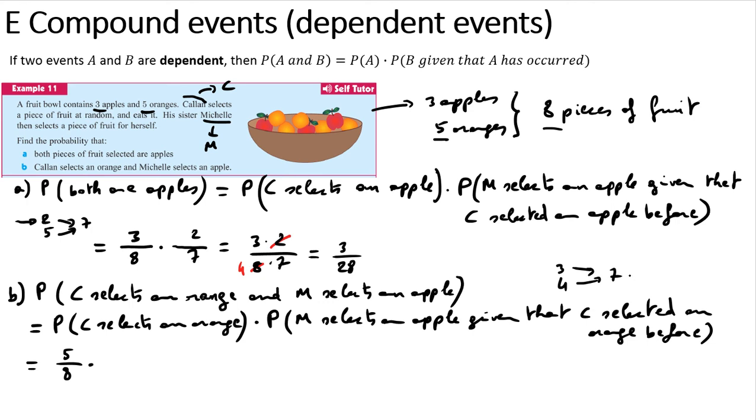The probability that Michelle will select an apple is then 3 over 7. So that is 5 times 3 over 8 times 7. We can't simplify that more, so that becomes 15 over 56.